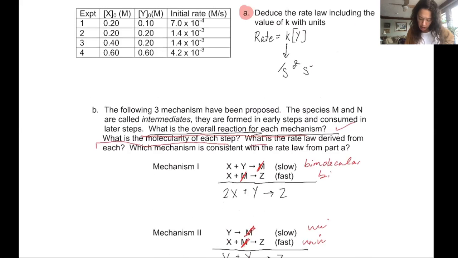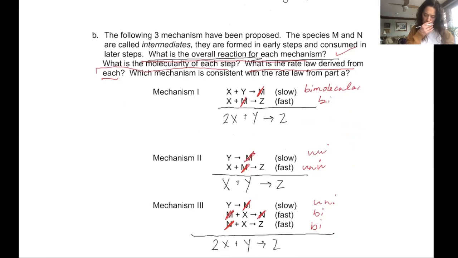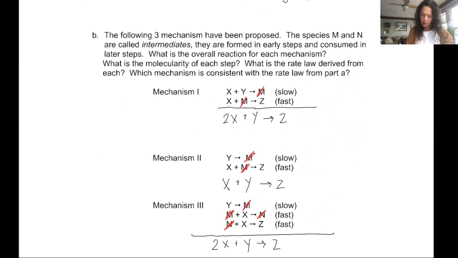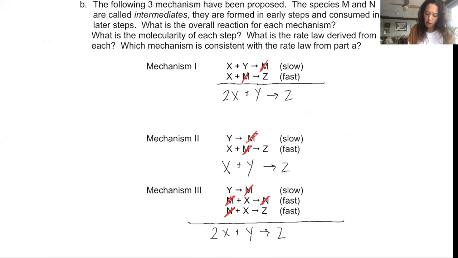What is the rate law derived from each? Okay. Rate law derived from each. So make sure you pay attention here. I'm going to get rid of that stuff there. Okay. So I need the rate law. We said that the slow step will determine the rate law. So I'm going to go to my slow step in each situation.